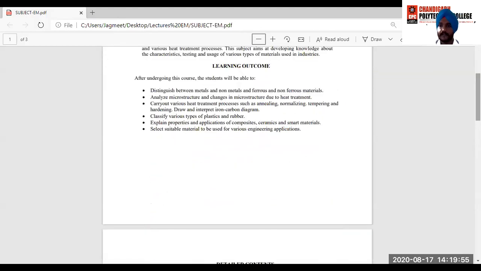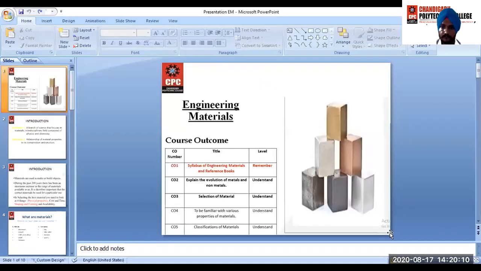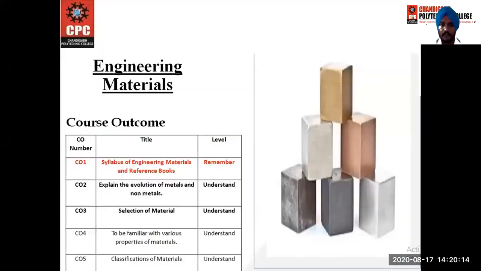Next, we will discuss the introductory chapter of material science. So I'm going to share a presentation of material science with a proper introduction. Engineering material course outcomes, the syllabus, and engineering material reference books we have already discussed.